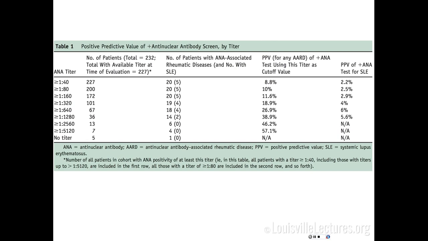And what they found out was that the positive predictive value of a positive ANA was just laughable. Even at high titers, even at a titer of, say, 1 to 320, the positive predictive value was 4%, so less than 5%. So if you have no reason to check the ANA, and you check the ANA, even if it's a high titer positive, the chances are still pretty low that the patient has lupus.